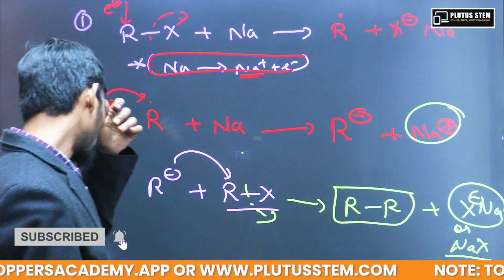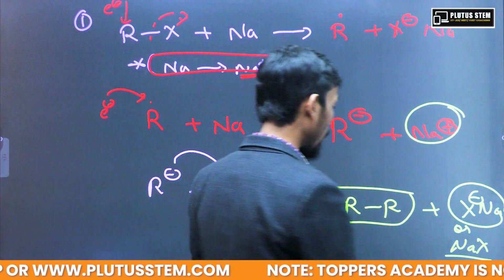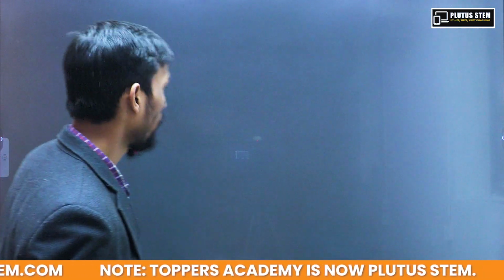So we can very easily see that it is going to form an even number of alkane.